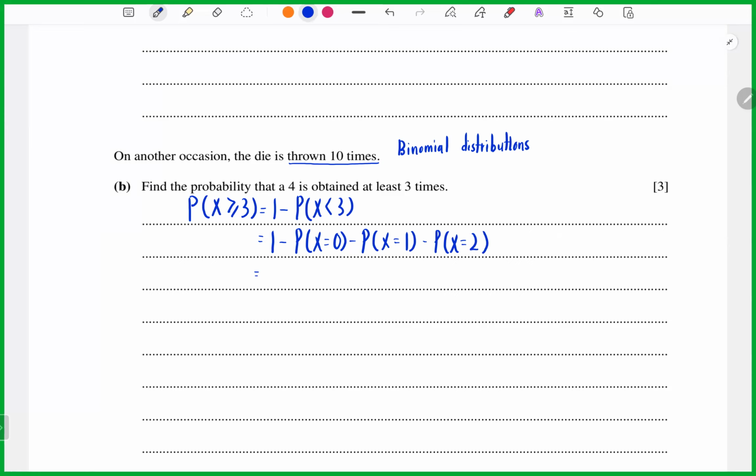Because we know you will get a number 4, your probability p is 1 over 6, and q is 5 over 6.